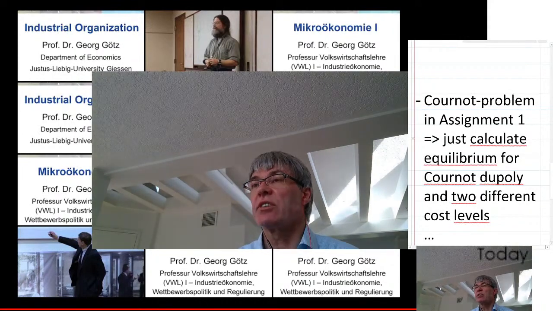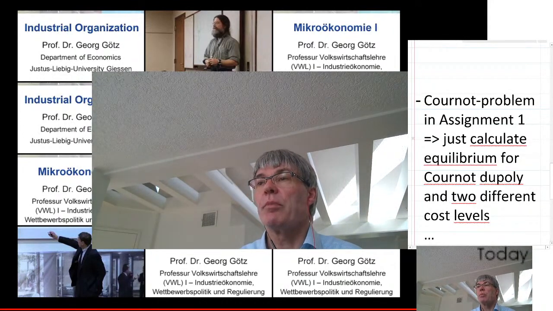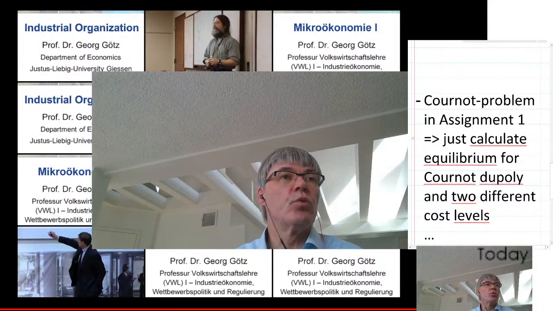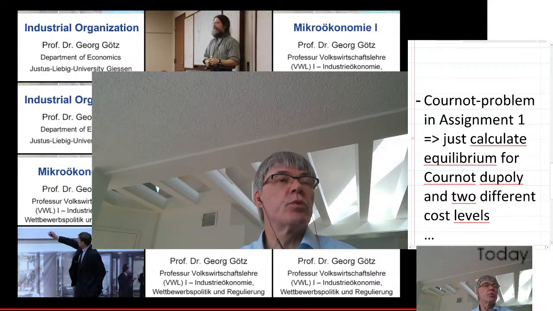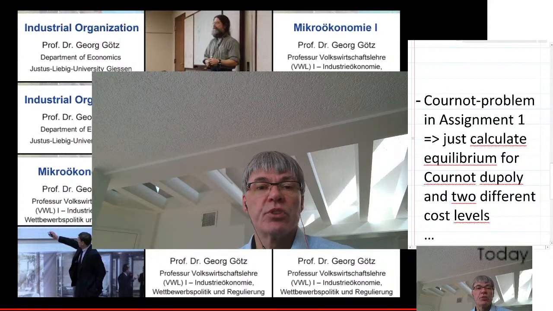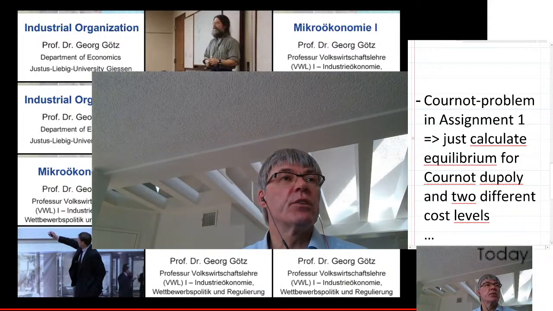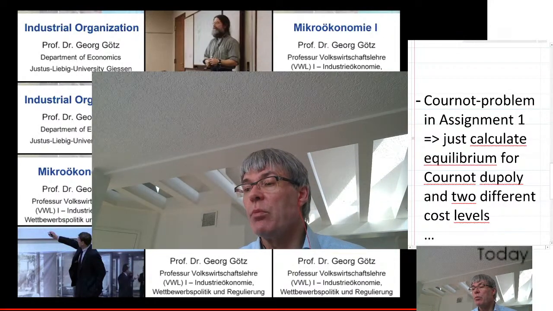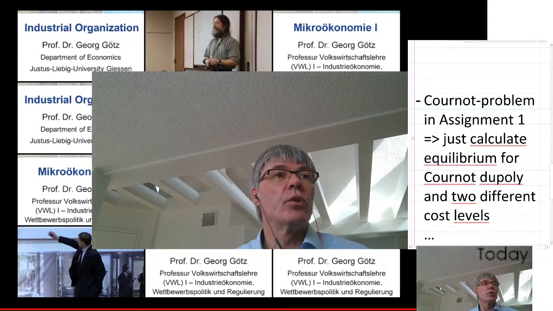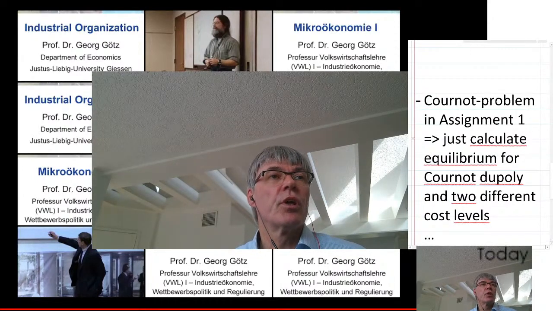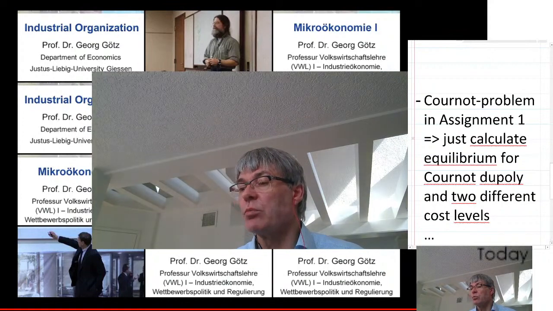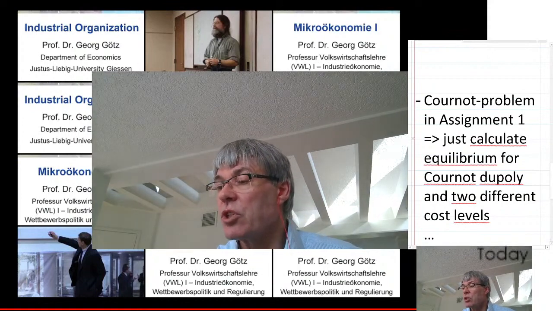So we discussed how to solve a Cournot problem, and the only thing is that you have to compare the duopoly situation once in the case in which both firms have the same cost, and the other time in the case in which one firm has lower cost, and then look into the gain from innovation. That's just what the gain in operating profits would be if you introduce the innovation.